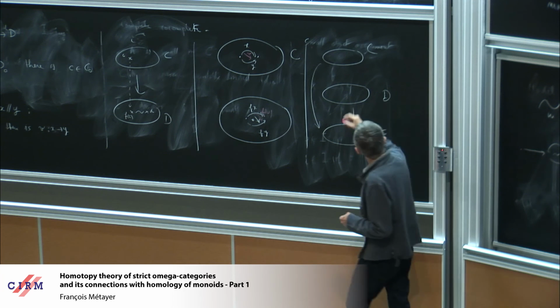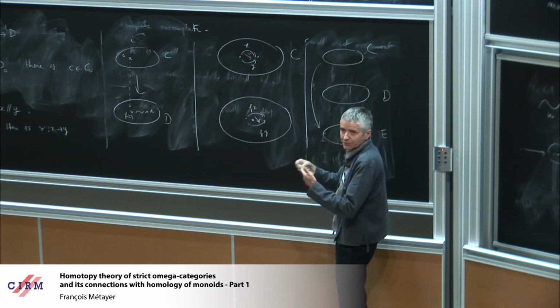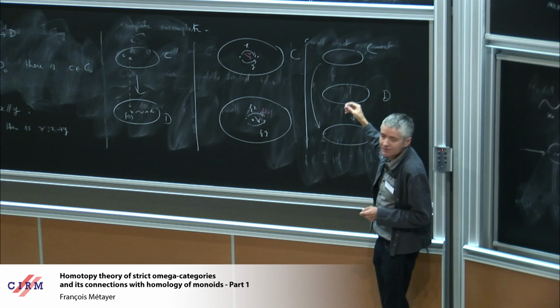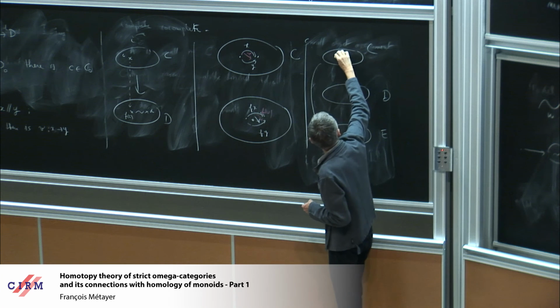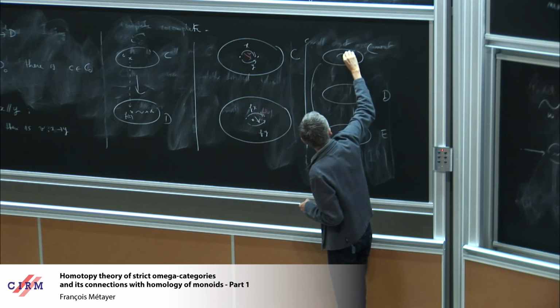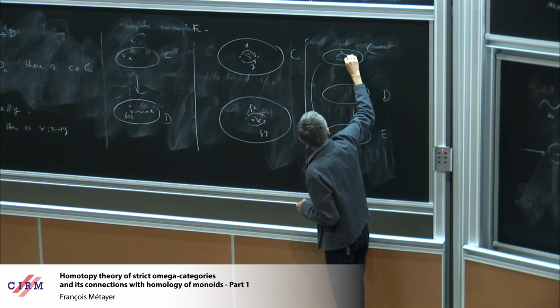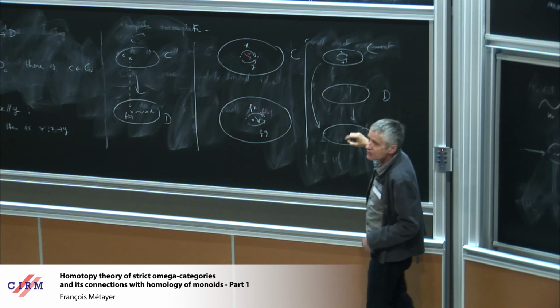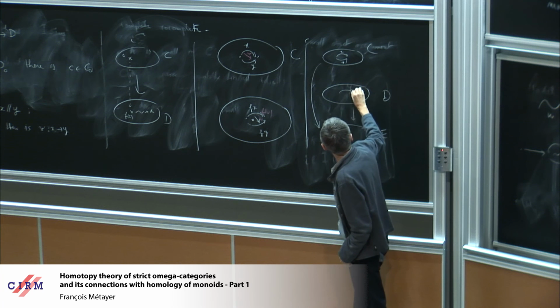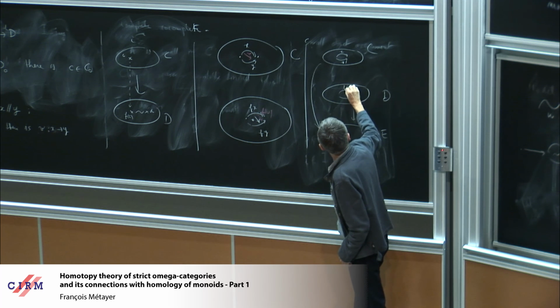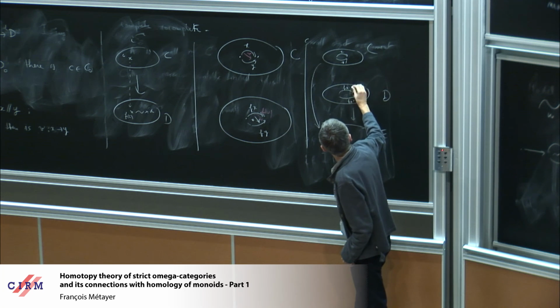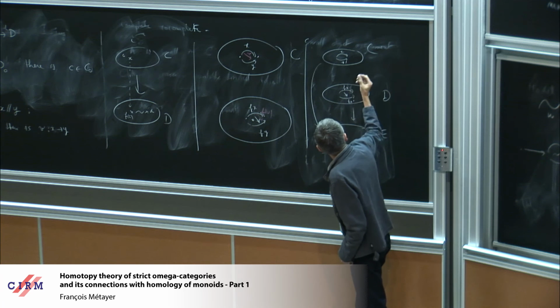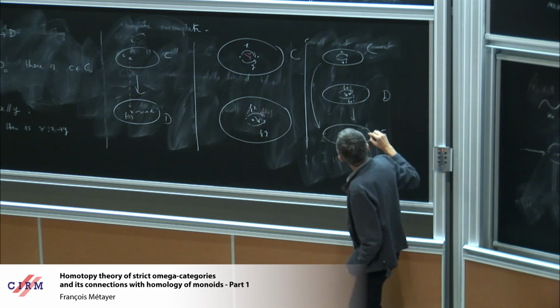Now, if you take two, so I skipped the dimension 0, left it as an exercise. In high dimensions, what do you have? You have an x here and an x prime here. And you suppose that here you get f x prime, a certain w here.